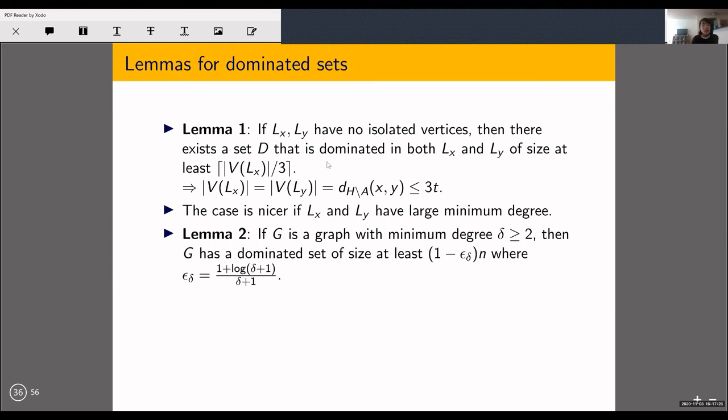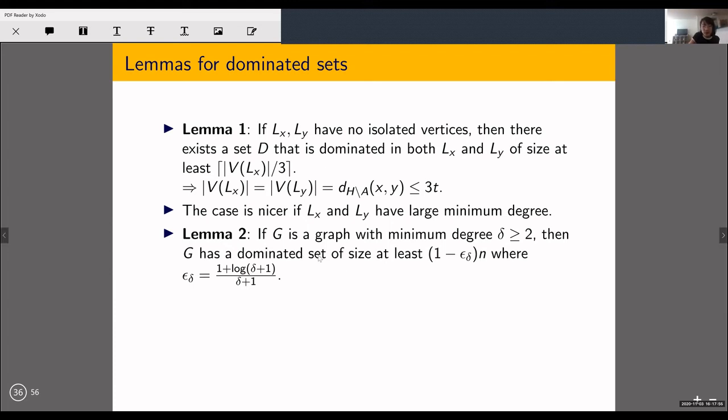All right, so actually the case is nicer if we also have some bound on the minimum degree. I don't know who originally proved it, but there's this proof in the Alon and Spencer probabilistic method book, where you do this random construction of a small dominating set in any graph.